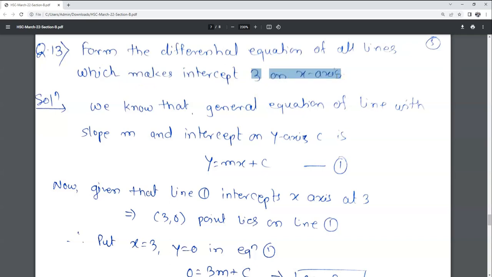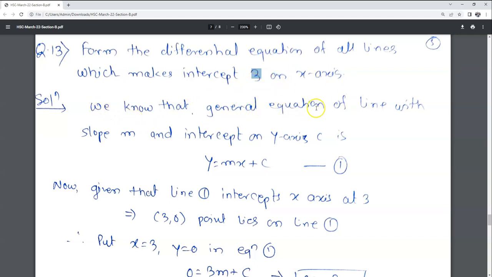Intercept 3 on the x-axis means what? All those lines will have the point 3, 0 on that line. On x it is 3. What does that mean? 3, 0. Okay, y is 0 and x is 3. So the point 3, 0 will be on all those lines.